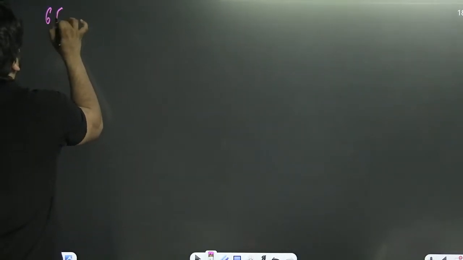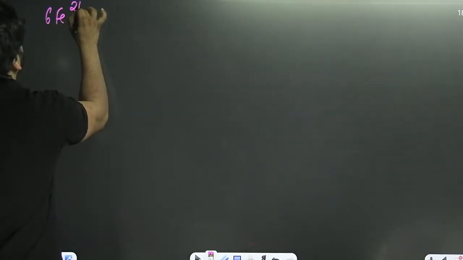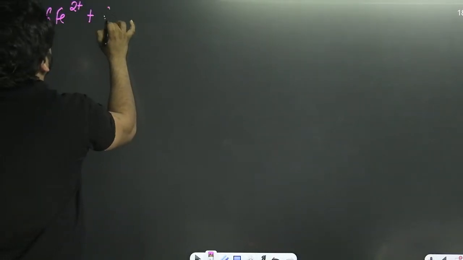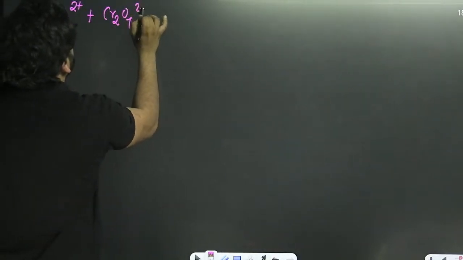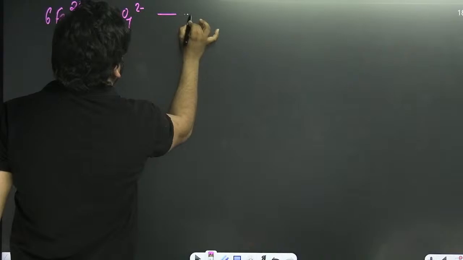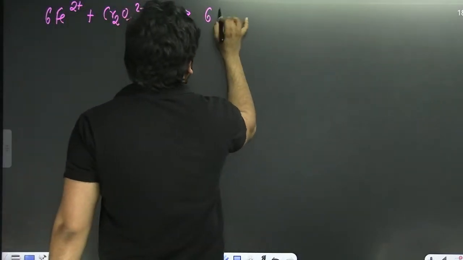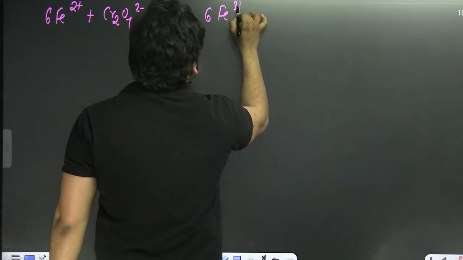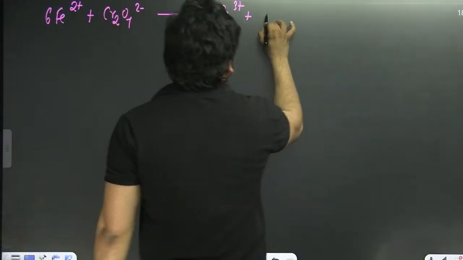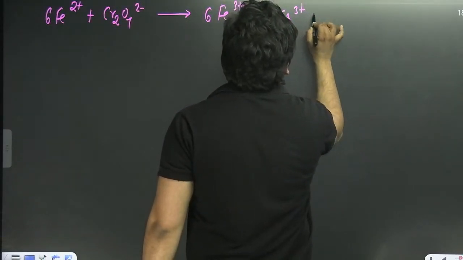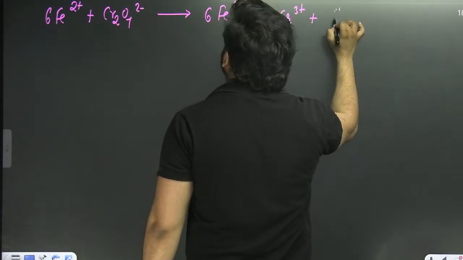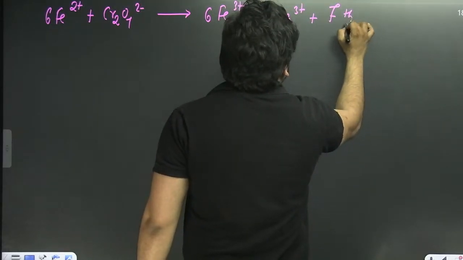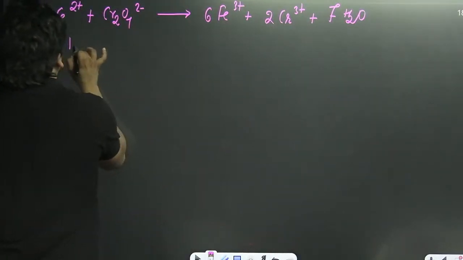Now what does it become right after that? It was already 6Fe2+ plus Cr2O7 2-, and it produces 6Fe3+ plus 2Cr3+ plus 6H2O, no, 7H2O. So we simply provide it plus 14H plus.